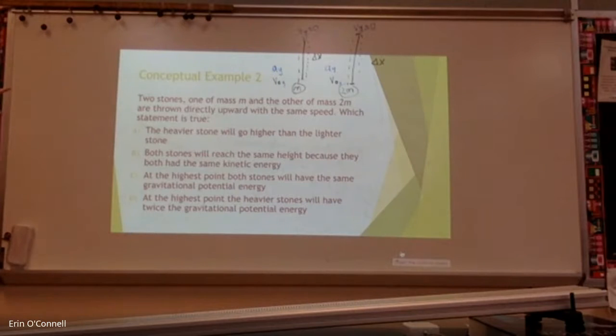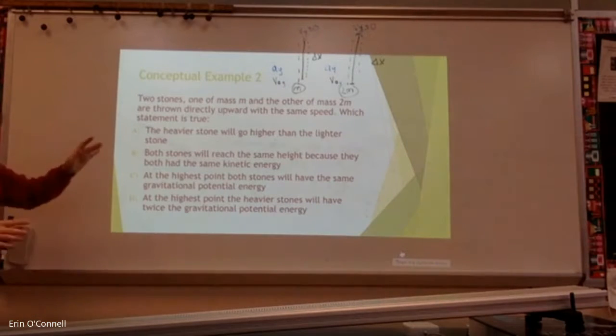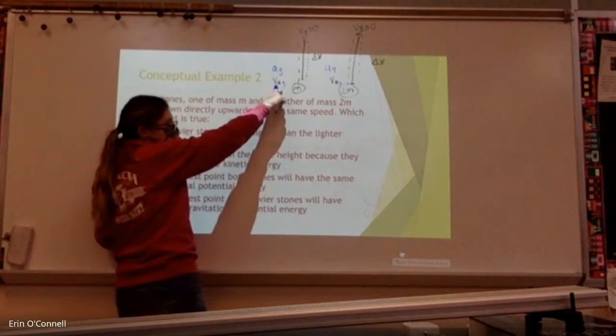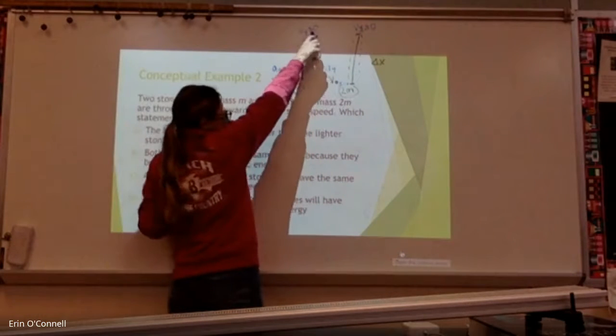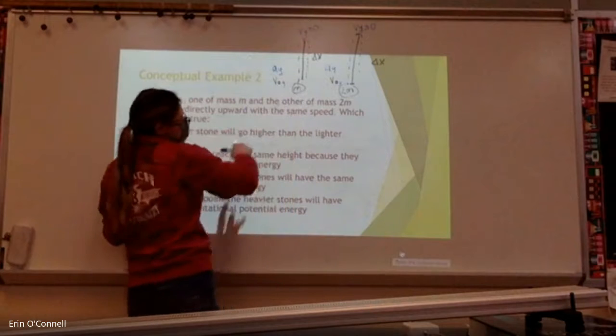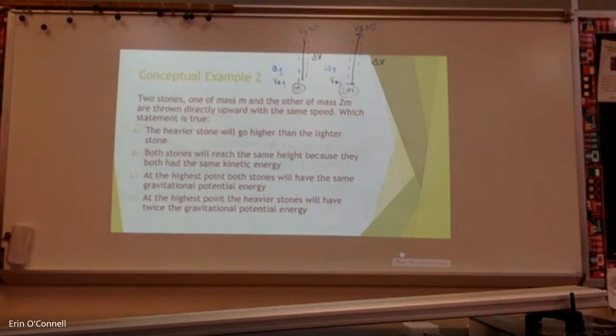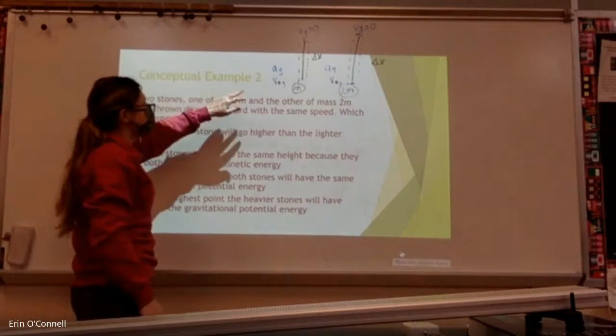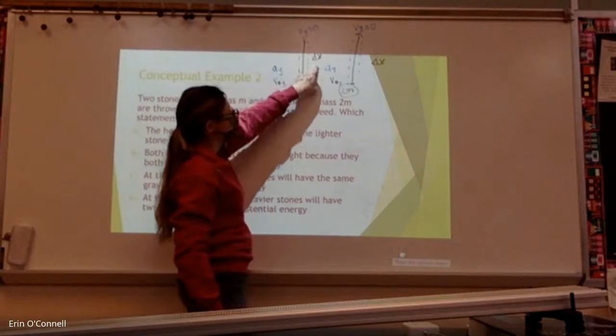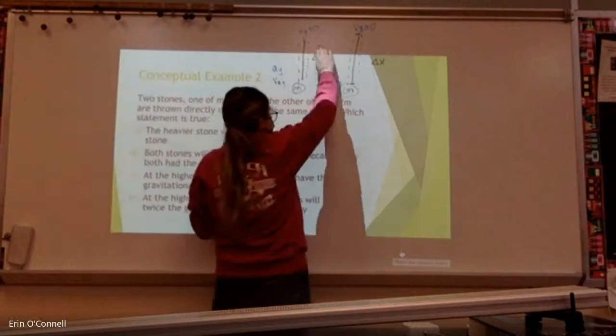So if we wanted to find delta y for either situation, and we have initial velocity in the y, final velocity in the y at that position, and acceleration in the y, what big four equation could be used?